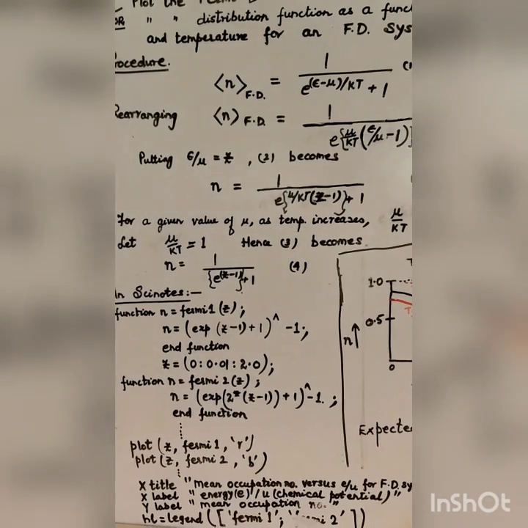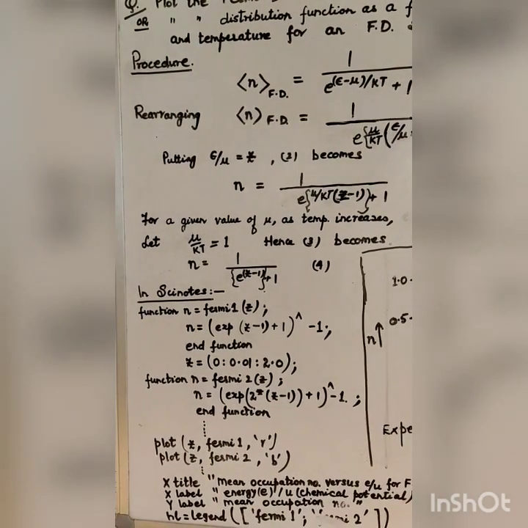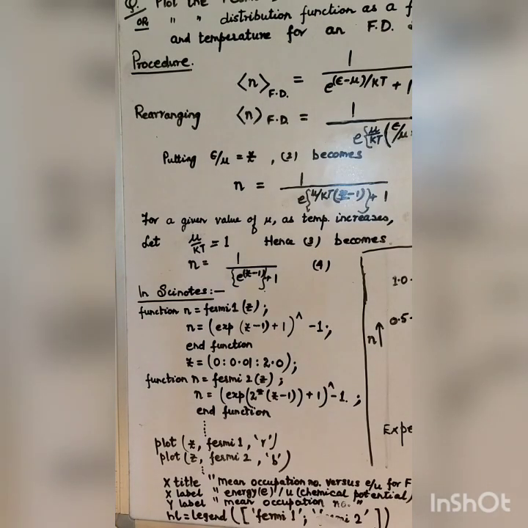So we begin with the SciNotes. You go to the SciNotes, and the other details we'll see on the computer screen. But as you have learned how to define a function, we'll define function n. This stands for this n, and I'll write a function Fermi1. I choose this because it's Fermi-Dirac statistics, and I write 1 over here because I have taken mu by kT equal to 1.